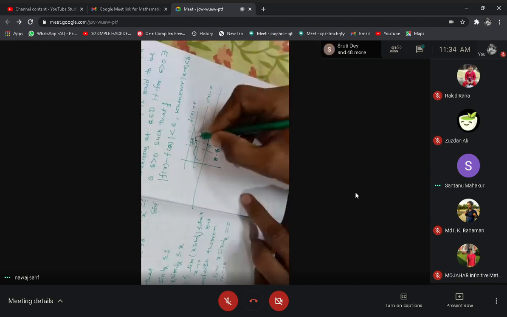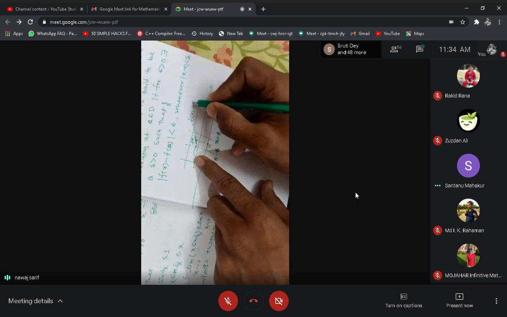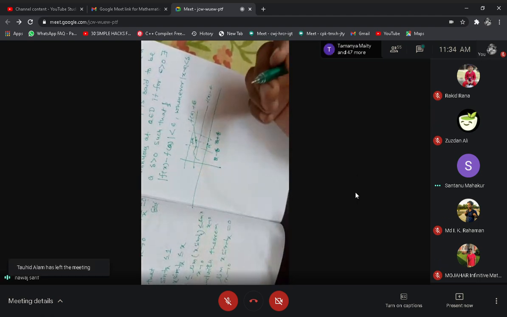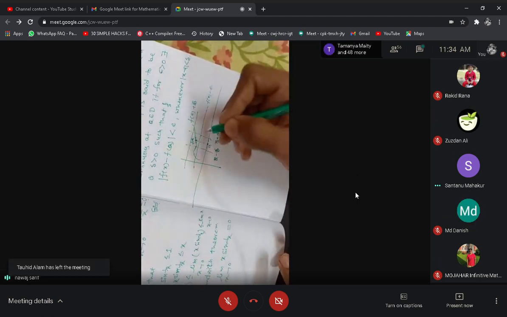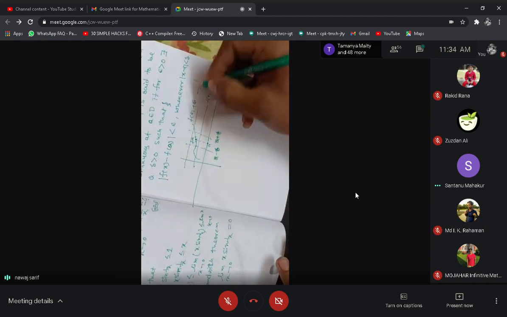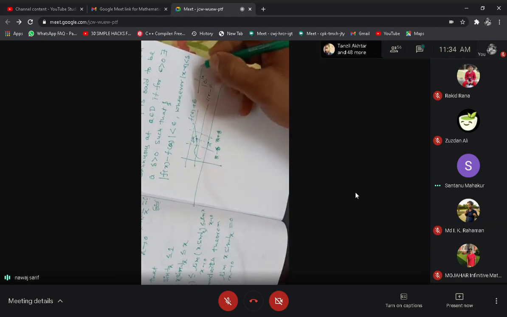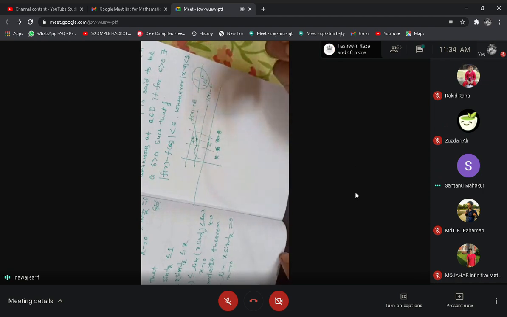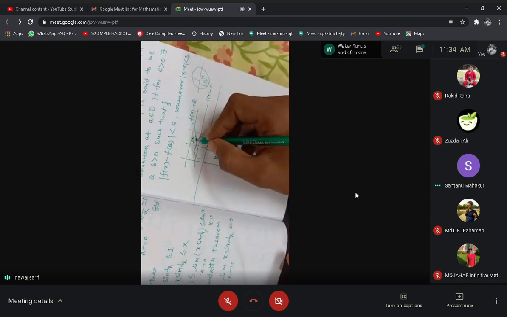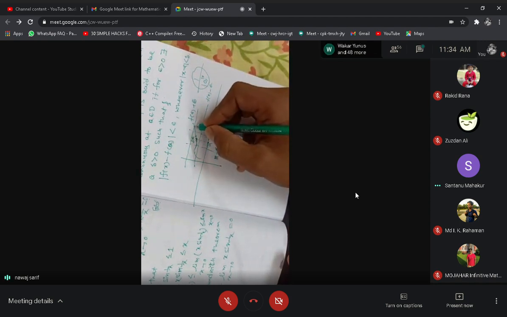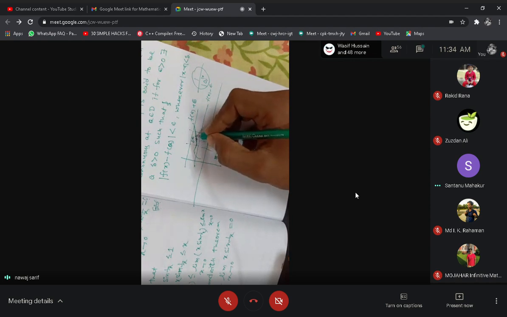Since this epsilon is very small, how small can we assume it? We can assume 1 upon 10 lakh, 1 upon 10 to the power 10. We can assume it as small as we like. So that means there is no break in this function.